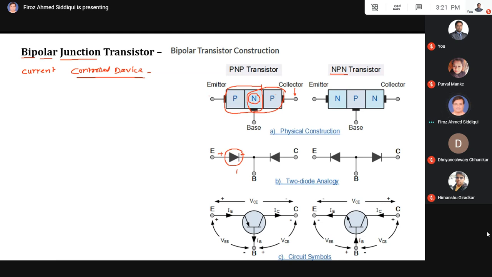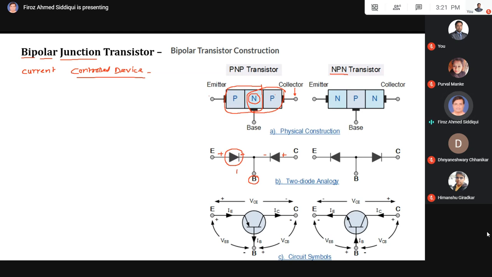One N-type material and one P-type material. So this side is N-type material, so this is the negative terminal of the diode, and this is the positive terminal of the diode, because it is a P-type material here. And between these two, there is a base connected.